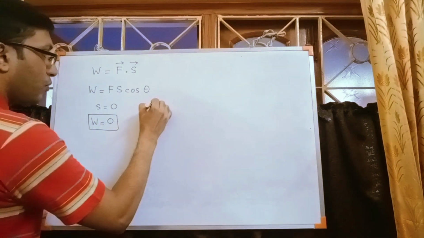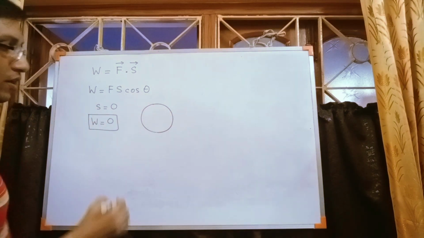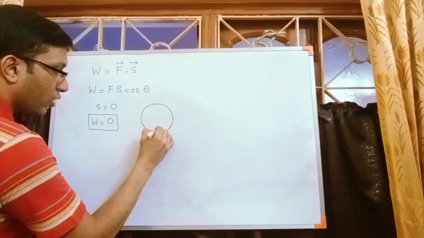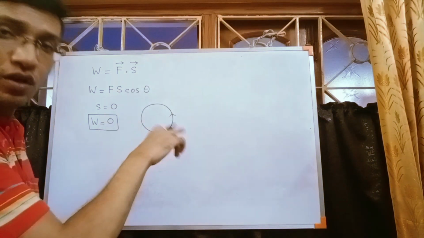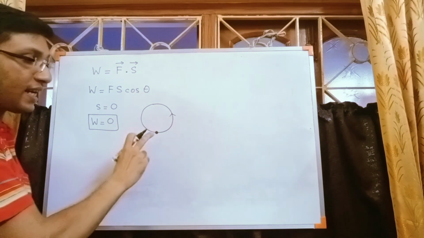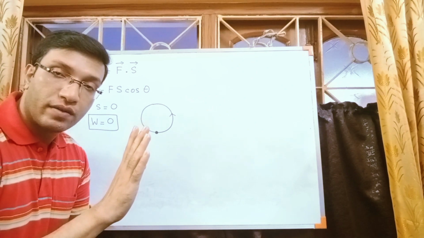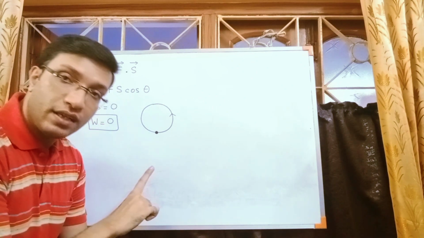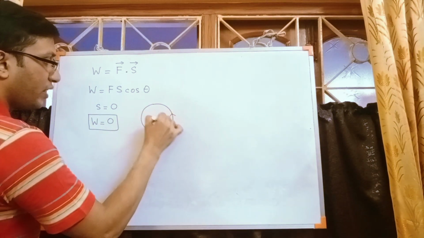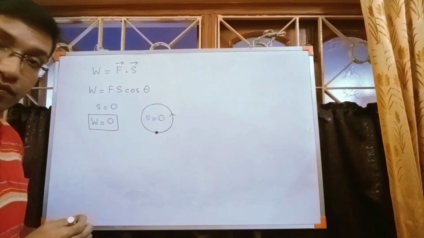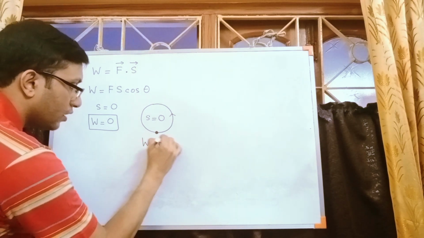Now, if the body is moving in a circular track, suppose the body has started from this point and finally after one complete rotation or one complete round, it has come back to the same point. That means there is no difference between the initial and the final point. In this case, displacement is 0. Again, if a body is moving in a circular track, since the initial and the final points are same, the displacement of the body is 0. And if displacement is 0, then again work done is 0.